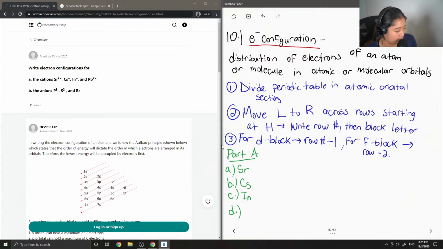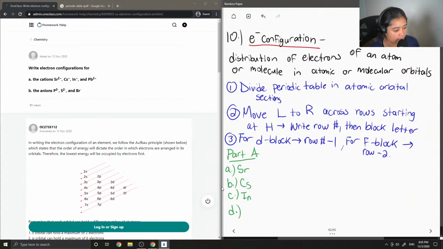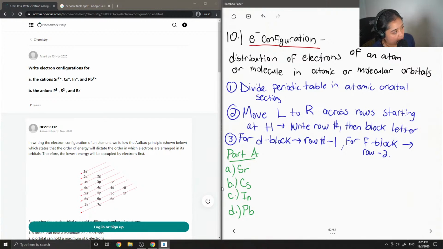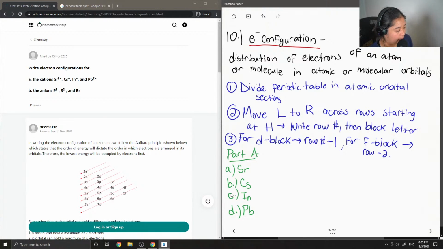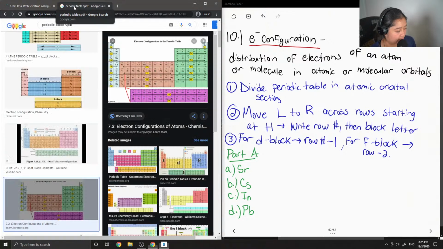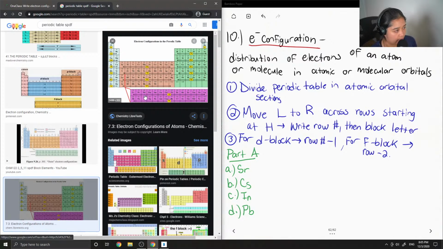I like to first write down the electron configuration of the neutral atom, and then depending on the charge, whether it's positive or negative, I can adjust my electron configuration as needed. So let's find our first element. Strontium is found all the way here.